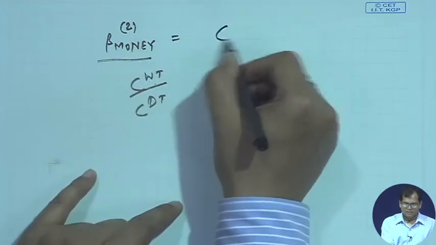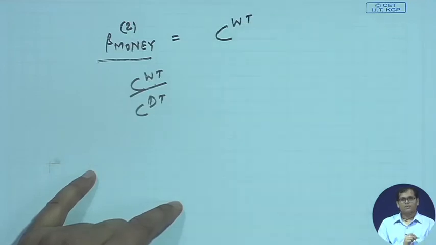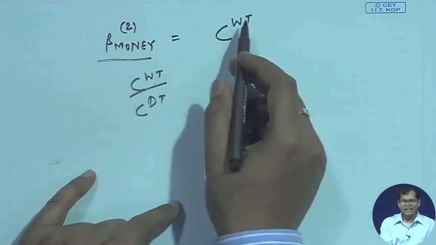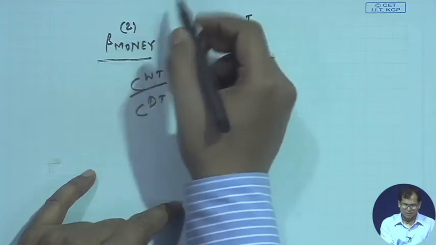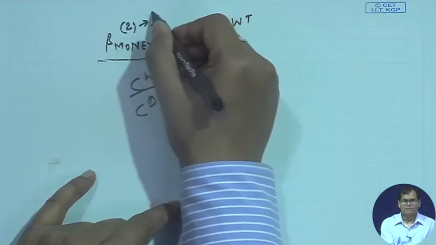In terms of this matrix, how do you write this particular parameter? You say C WT, IJ, ith word, jth topic. So let us say this is my i and this is my j.